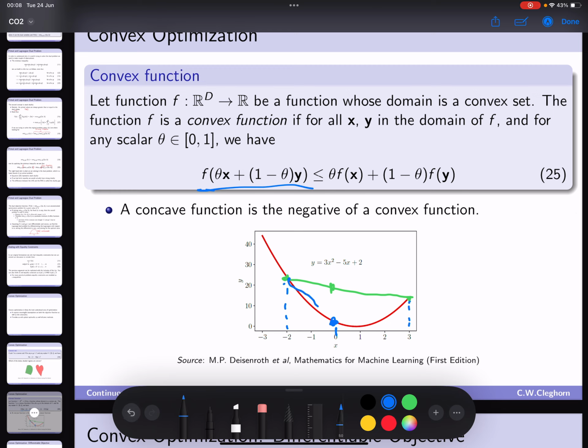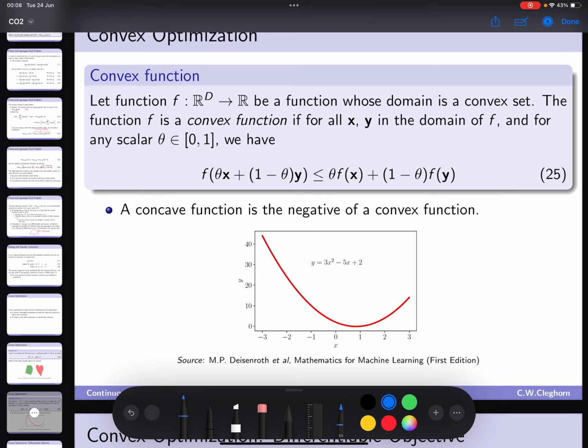So any point here in this linear interpolation between -2 and 3, if I first interpolate, then pass it into the function, it's going to lie below the green line, which is where I first evaluate the function and then linearly interpolate that. If this property holds, if it is true that that blue line is always below green, then we have a convex function.